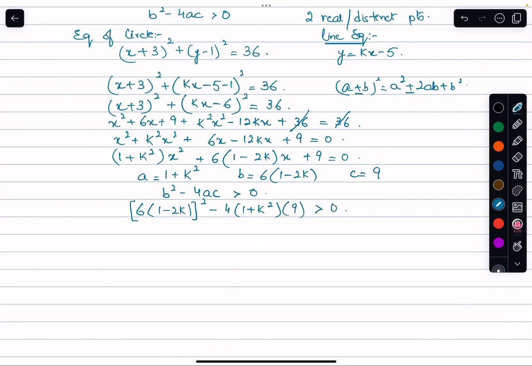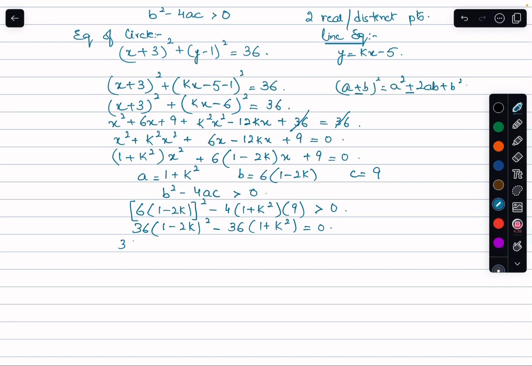So if I solve it, I will get 36(1 − 2k)² − 4 nines are 36, times (1 + k²), which should be greater than 0. So what I can see here is that I'm getting a quadratic in k with the coefficient of k² positive. Let's solve it further and then get the k values here.